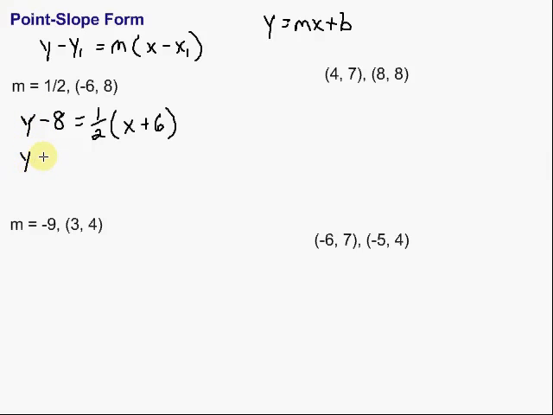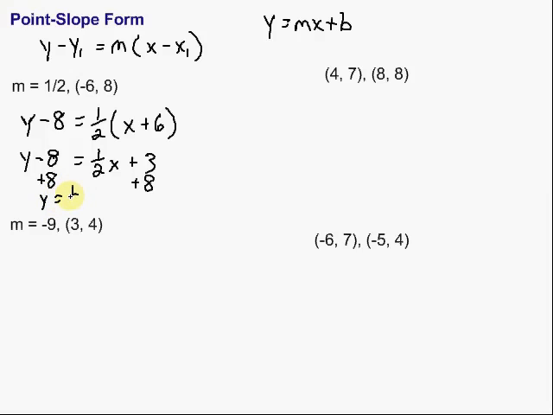So we're going to just simplify here. Y minus 8, going to distribute through that 1/2. So 1/2 times x, then 1/2 times 6, which is 3. Okay, now we're almost there. We just need to get that y by itself. So we're going to add 8 to both sides and finish it up.